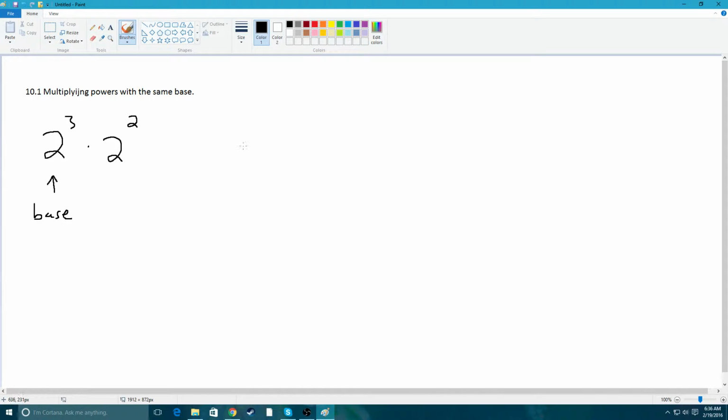So what I want you to do first is do these real quick examples. We got 2 to the second. I want you to tell me what that is. 2 to the third, what's that? And 2 to the fifth. So I want you to solve these and see if you get any kind of pattern.